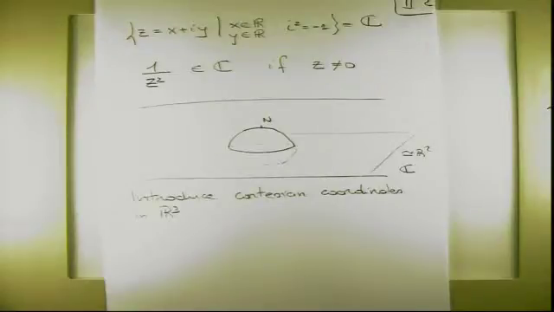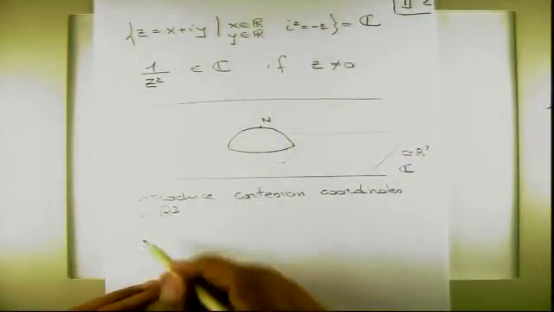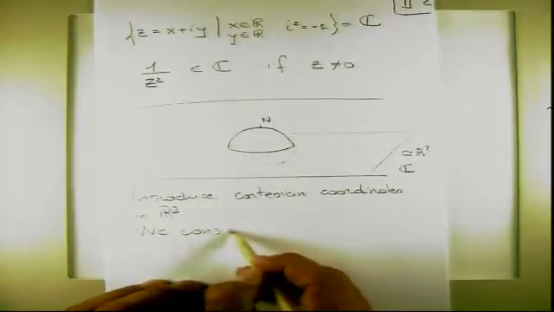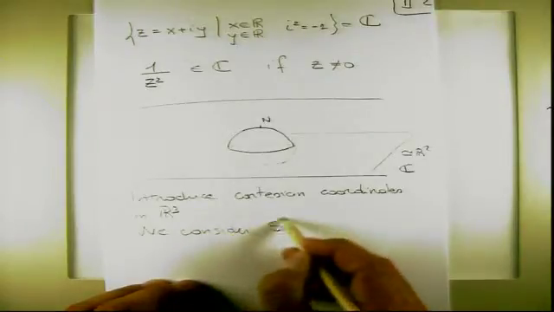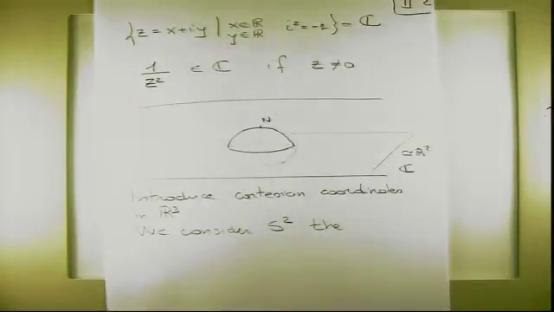The third component is this one. So we imagine the sphere to be S2, that is to say, the unit sphere centered at the origin of this axis and of radius 1.